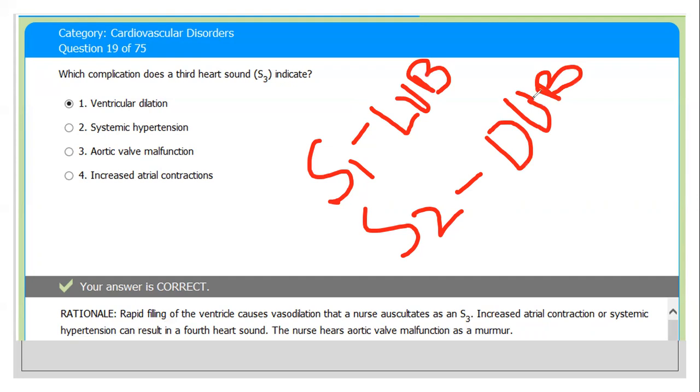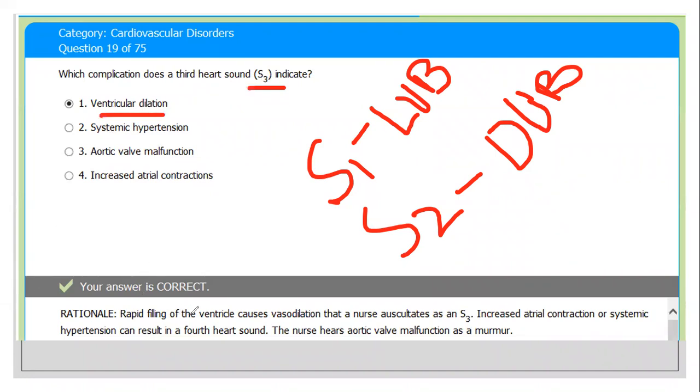And if you ask me why the heart sound is produced, it is produced because of the aortic, pulmonary, tricuspid or mitral valve closure. Okay, but the S3 heart sound is produced because of ventricular dilatation.